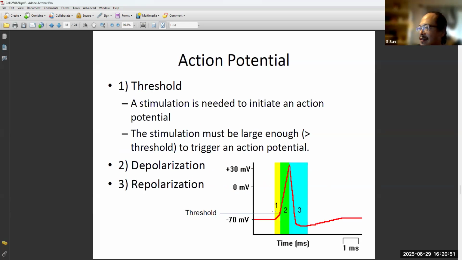So this is a figure of the action potential. You can see that this is time. When the cell is not excited, the membrane potential is negative, say minus 70 millivolts. Time goes on, it's always negative.